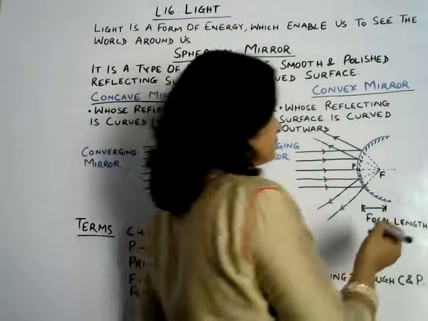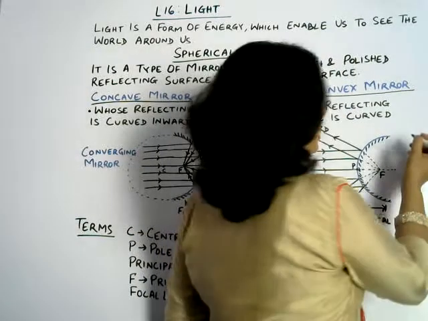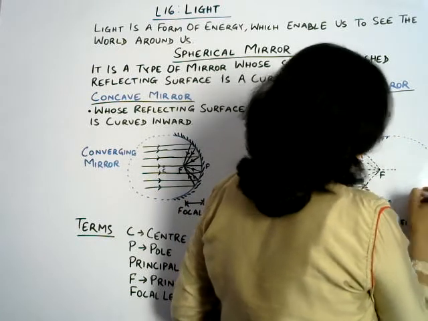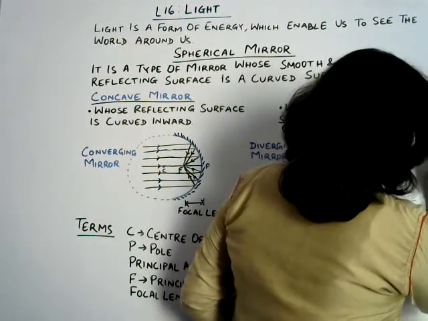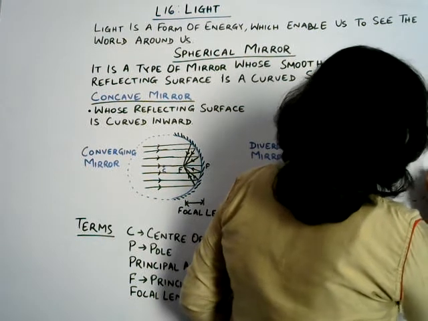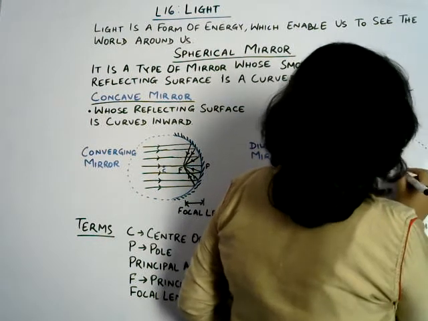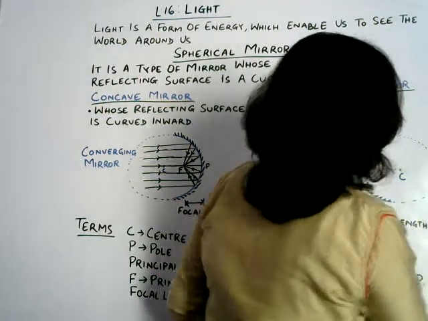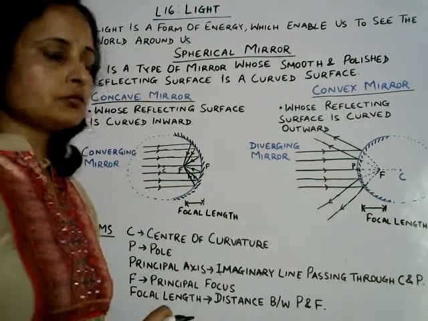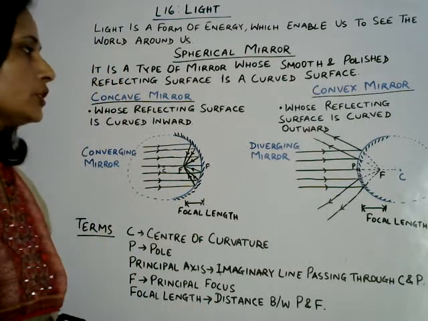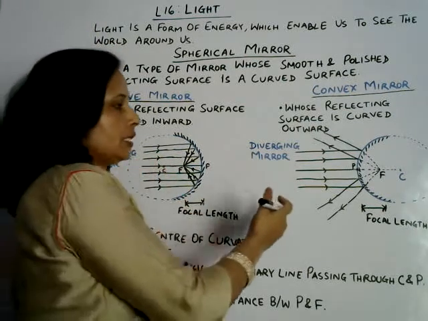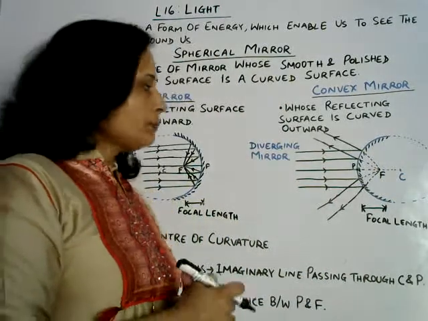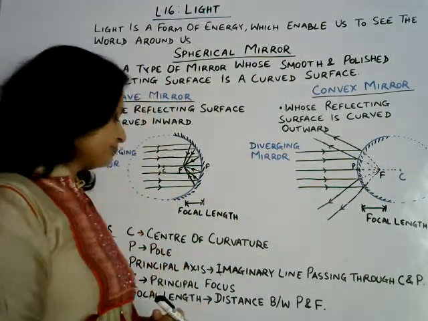Now look at the convex mirror. Here also we can draw an imaginary circle by dotted line, and after drawing this, we can get a center point. This center point is called center of curvature, and the point where the reflected rays appear to meet is called principal focus.